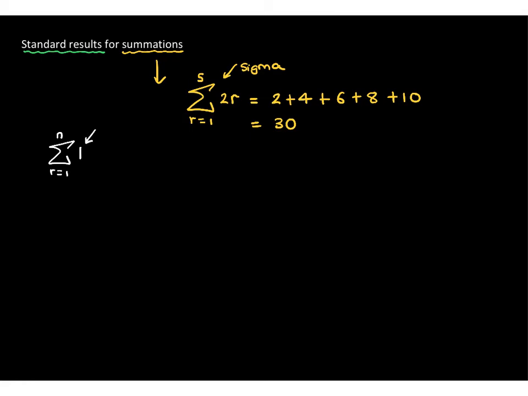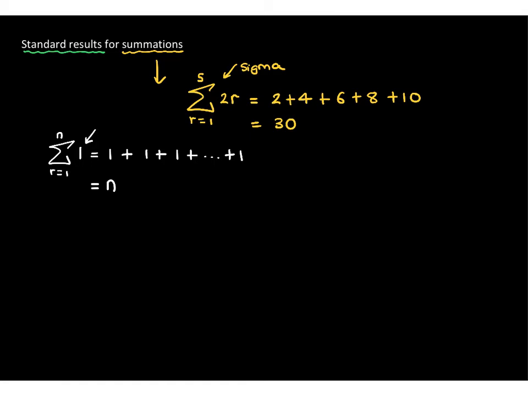It's not actually dependent on r. So all this means is that we're adding 1 n times. And this, of course, means we have a total of n. If you add 1 together n times, you get a total of n.